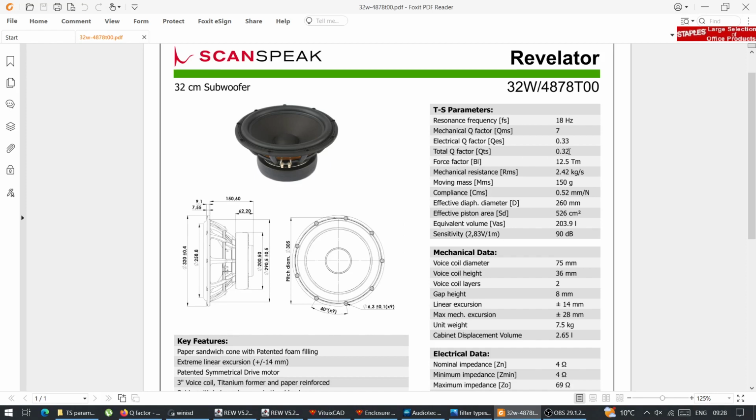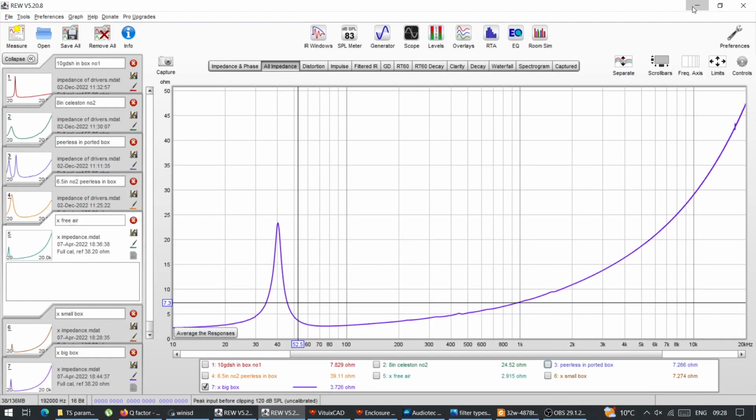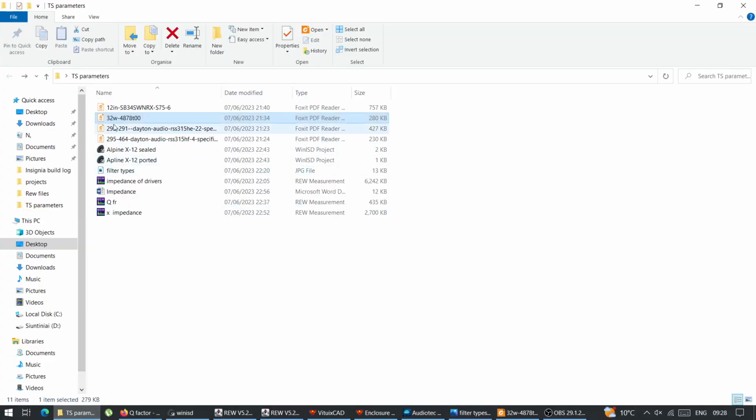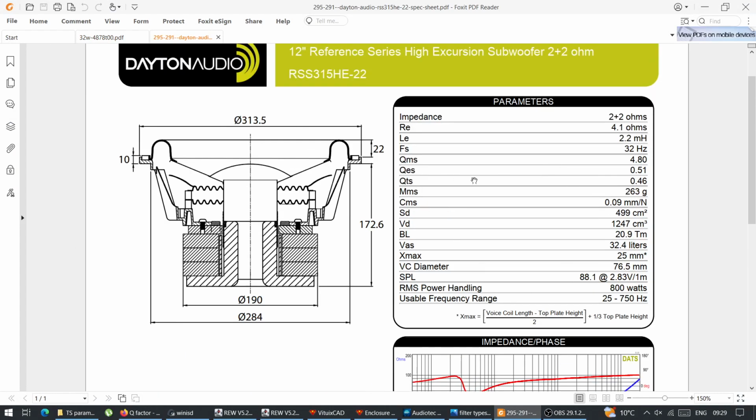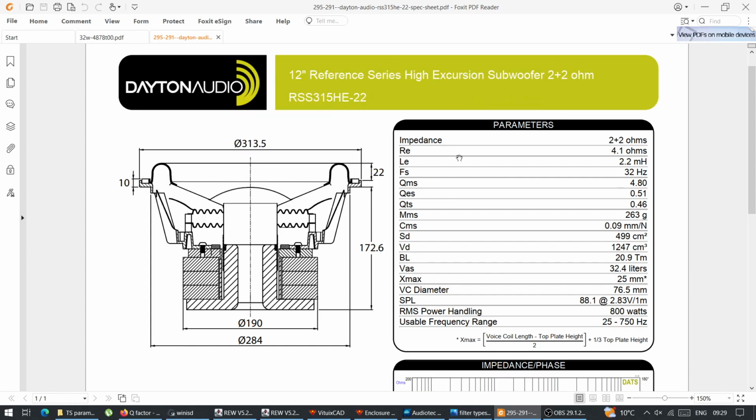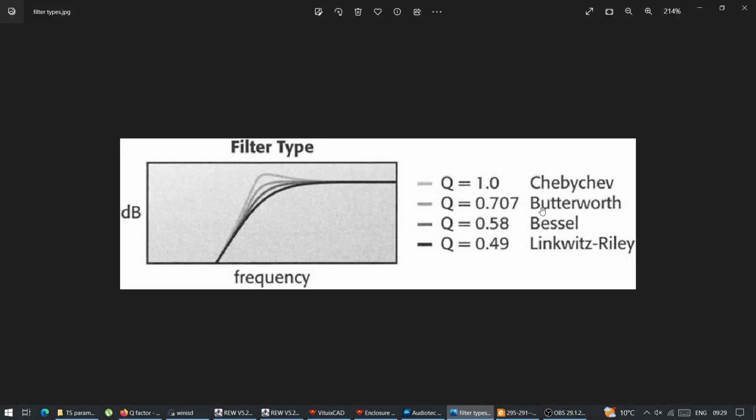And then I know that this driver ideally would need a ported box to support the excursion, because otherwise it would just bottom out. And high Q drivers, for example, I think this one is a bit higher. Let's have a look at this. So this Qts of 0.46, this is a Dayton high excursion, and 0.46 is close to Linkwitz-Riley.